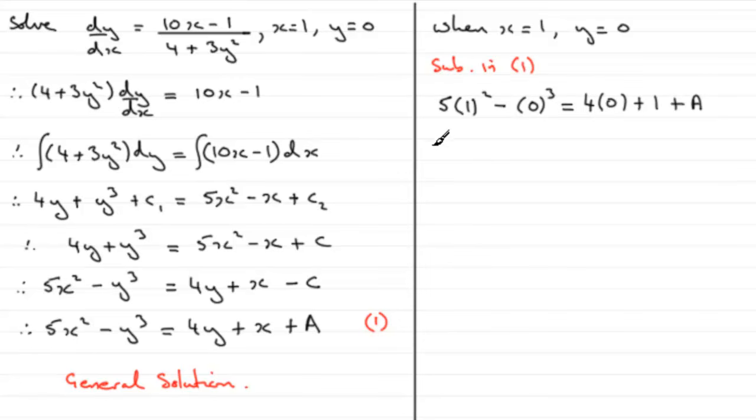And so we therefore have 5 equals 1 plus a. And obviously if we take away 1 from both sides, we end up with a equaling 4.